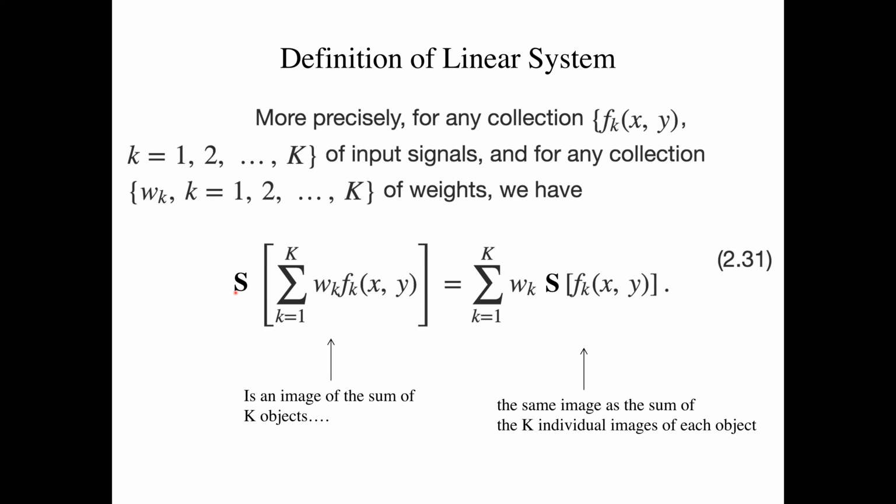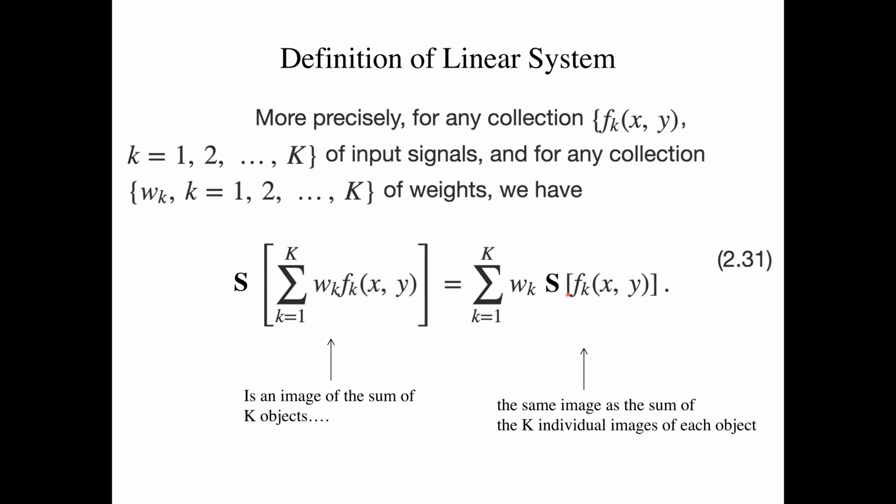I'll get exactly the same answer if I take each one of those individual objects, send it through my system, and then add up the resulting g(x,y)s with the same coefficients. So it doesn't matter what I do first. If I add up the objects and then send them through the system, or send each object individually through the system and then add up the outputs, I get exactly the same answer.